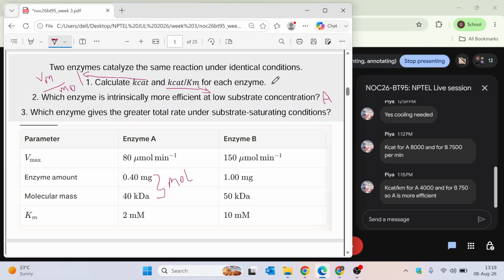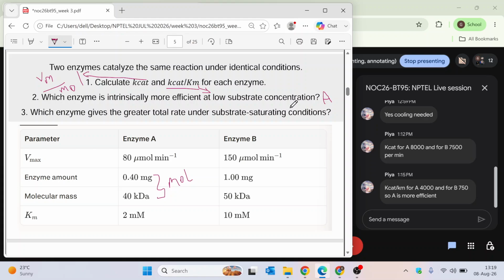So the greater the ratio, the greater the efficiency at low substrate concentration, and here based on that A is more efficient. Finally, which enzyme gives the greater total rate under substrate saturating conditions?